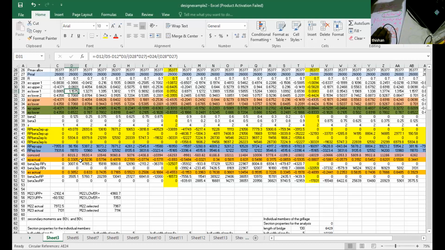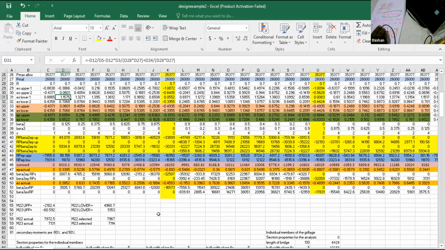Whereas in continuous structures, you have to go one step further and ensure at each support, the upper and lower limits will give one positive and one negative, and then only 0 is in between. So that's how you have to look at it. And that is one condition, a very important condition that we have to fulfill.